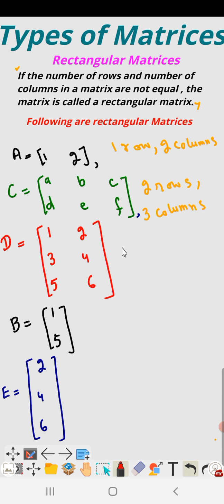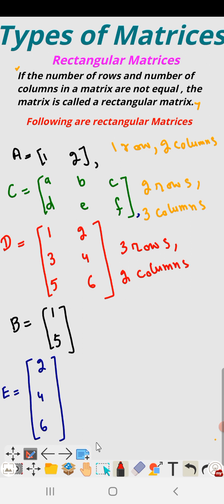So there are three rows and two columns in matrix D. Hence the number of rows is different from the number of columns. So matrix D is also a rectangular matrix.